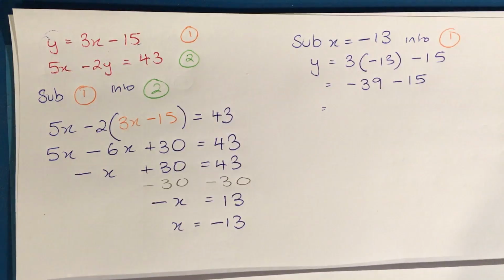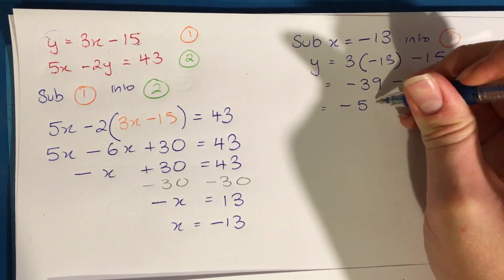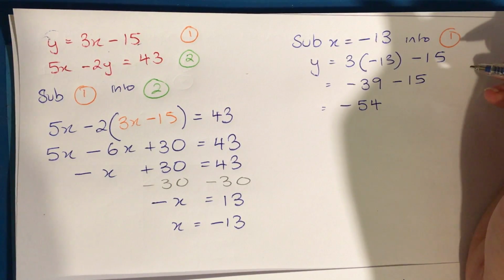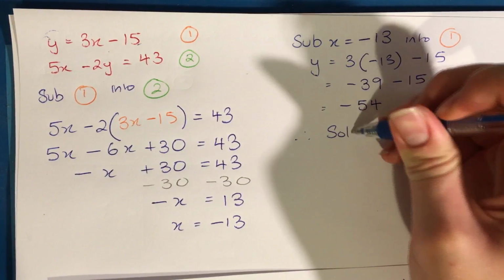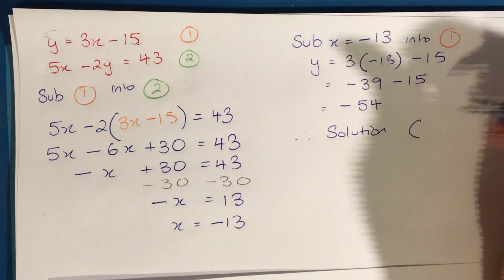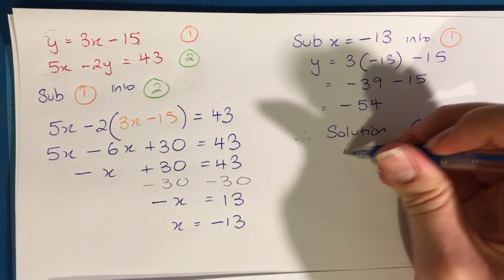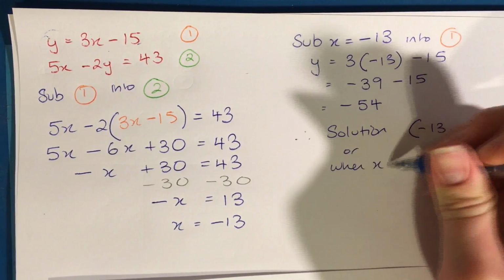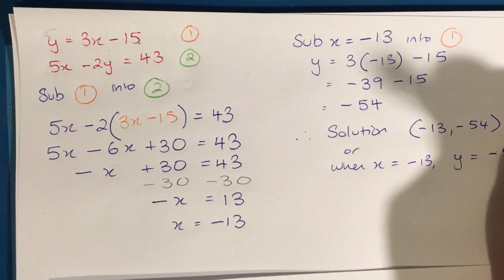Negative 40 minus 15 is going to be negative 55, so it's going to be negative 54. That sounds like a thing. Say it with confidence, and it's true. So therefore, the solution is negative 13, negative 54, or when x is negative 13, y is equal to negative 54.